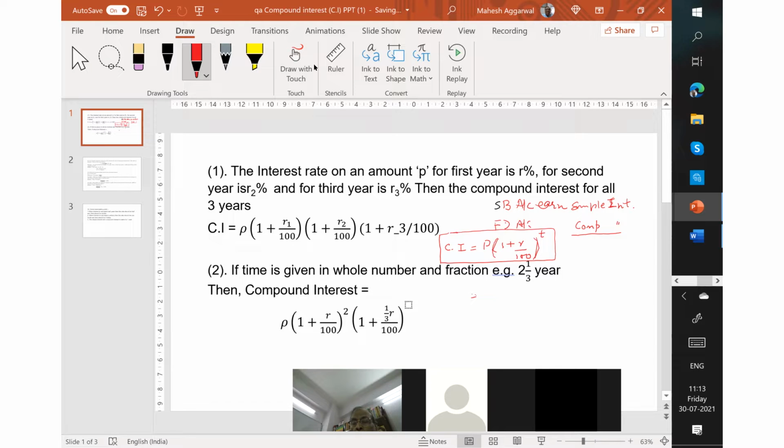Suppose P is 100 rupees and your interest is 5%. This will be P into (1 plus 5 by 100) raised to power T. Suppose time is 4 years.